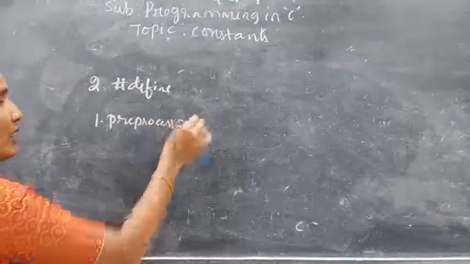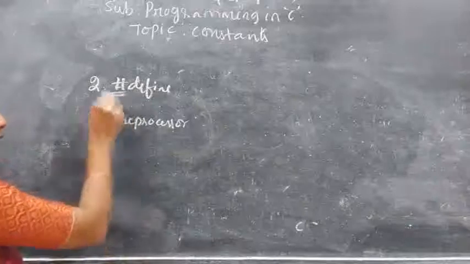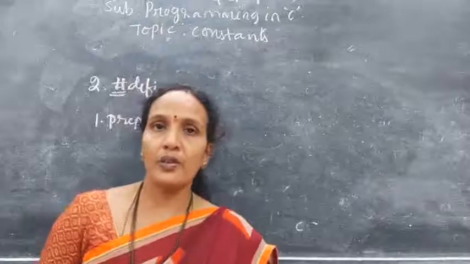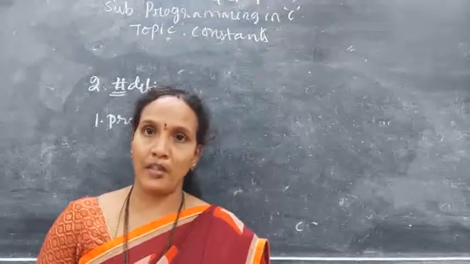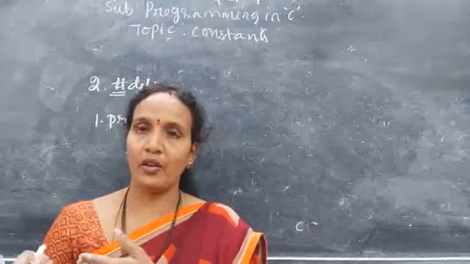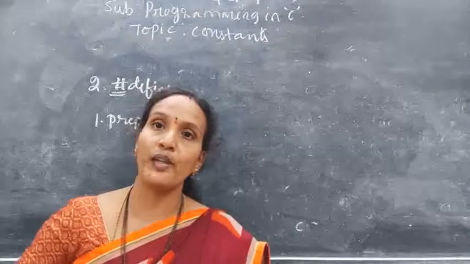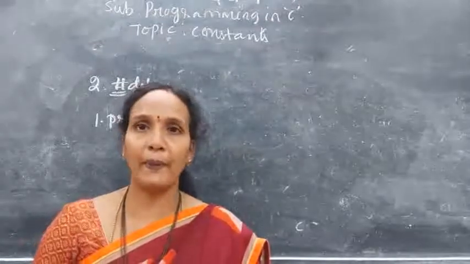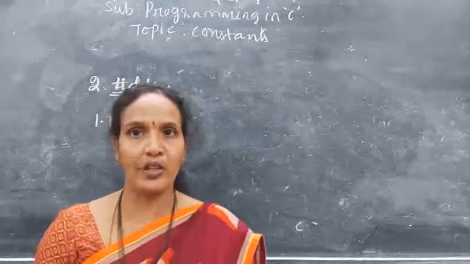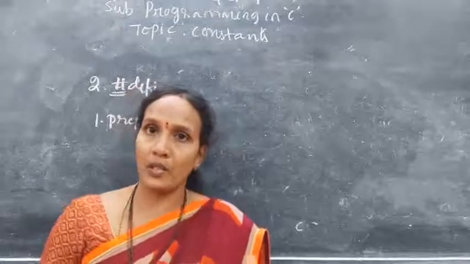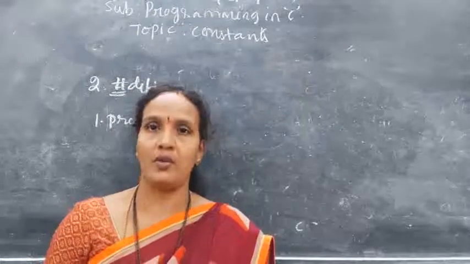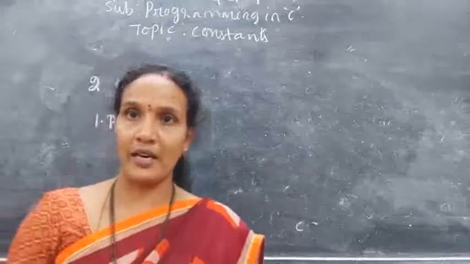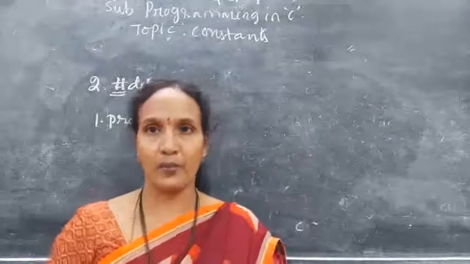Preprocessor directive means that if you have given any variable or function using this hash, then before your program execution starts, the variable or function you have given should be loaded into your system. Preprocessor. See, prepaid balance: before communicating you should have a balance. Similarly, preprocessor means before starting your program execution, whatever you have given as a preprocessor command should be loaded into your program.